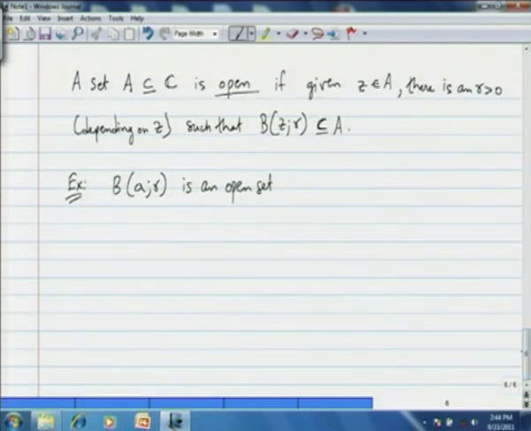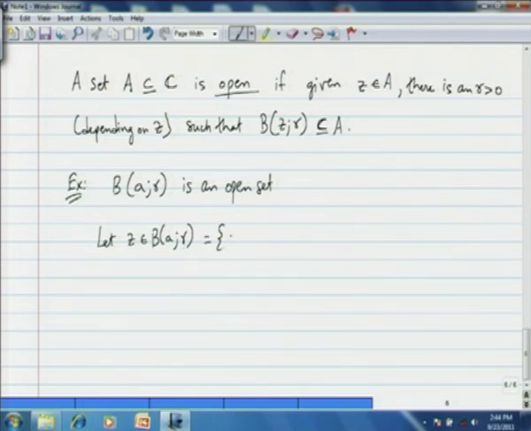So, why is the ball open? Let us see why this set is open. Let Z belong to the ball.